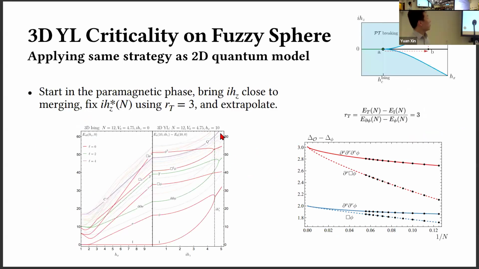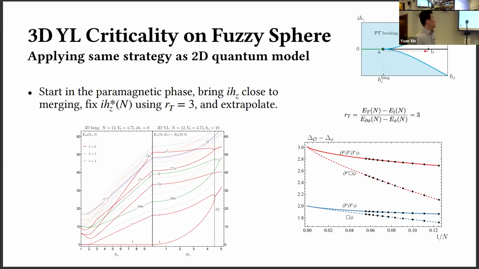All right, so then we study this using the same strategy. Taking the fuzzy sphere model, the phase diagram is still this. We first go to the paramagnetic phase, as deep as possible, and then start cranking up the imaginary longitudinal magnetic field.